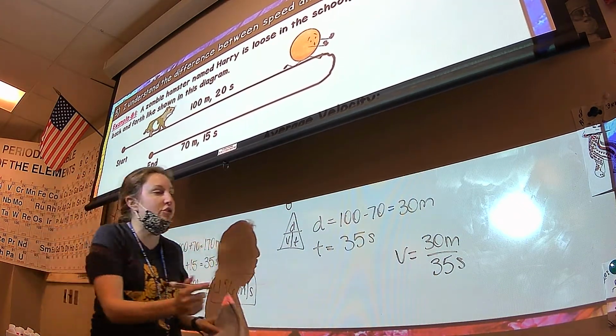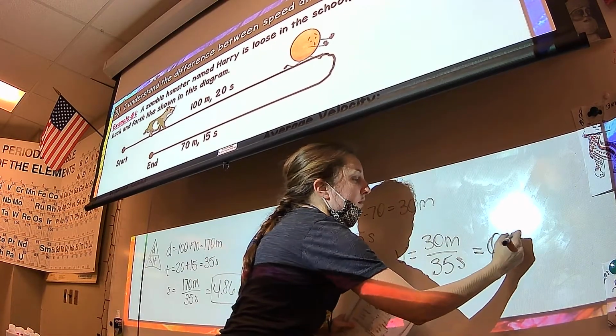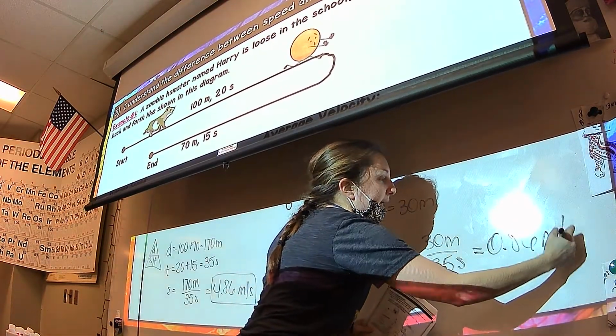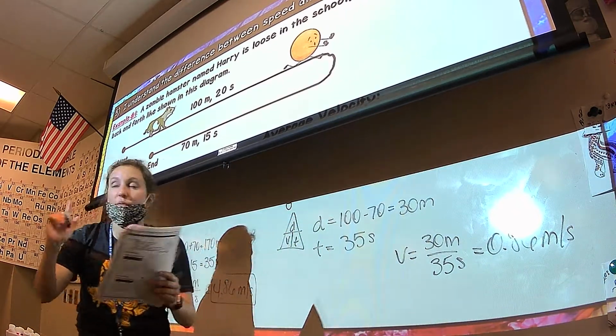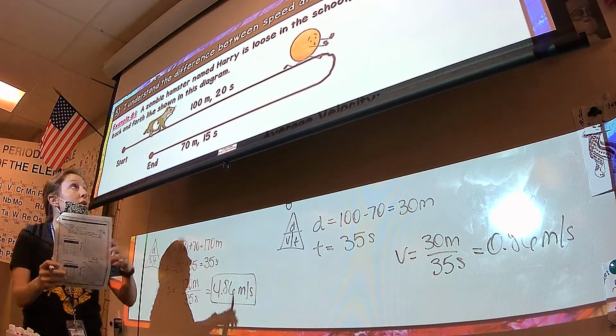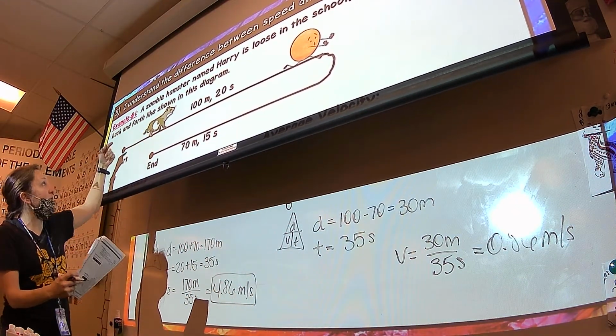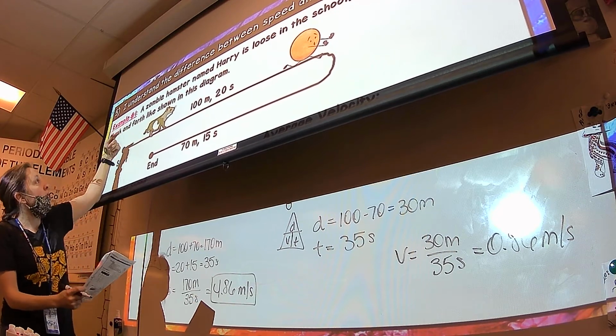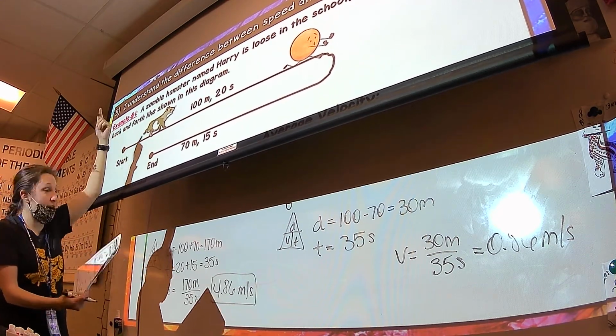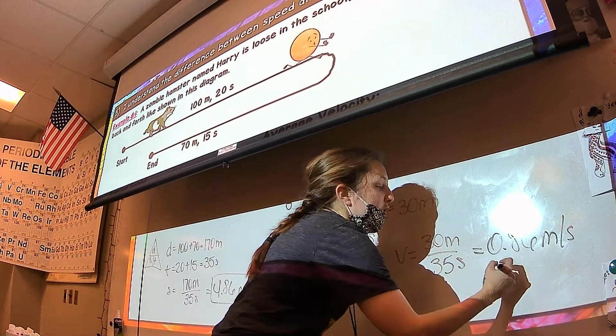Okay, you divide those and you get 0.86 meters per second. We need a direction. So, start to end, which direction is this? Right. 0.86 meters per second, right.